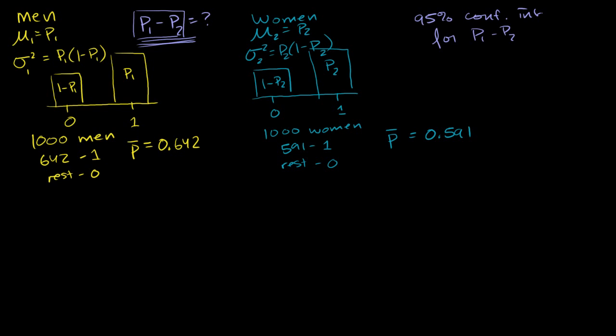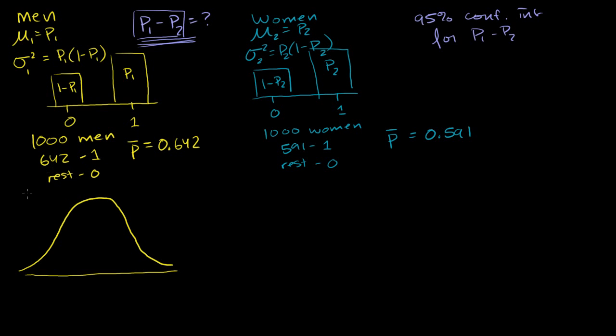And just to visualize it properly, let me draw the sampling distribution for the sample proportion. We have a large sample size, and especially because the proportions that we're dealing with aren't close to 1 or 0, the sampling distribution will be approximately normal.